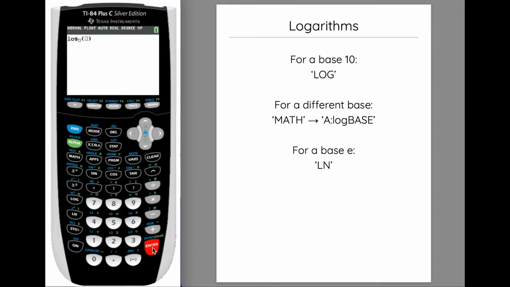It gives you the option to put in a different base. So you can put 2, and then here you put 8, hit Enter, you get 3. If you have the base e, the base of Euler's number, you go to ln here below the log button, and then you can put your values in like that. So that's where you find the 3 different logarithms.